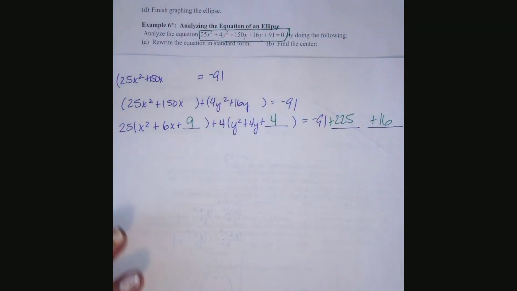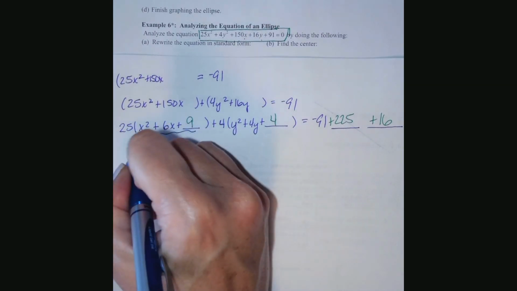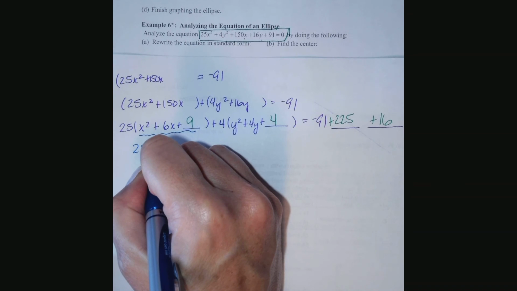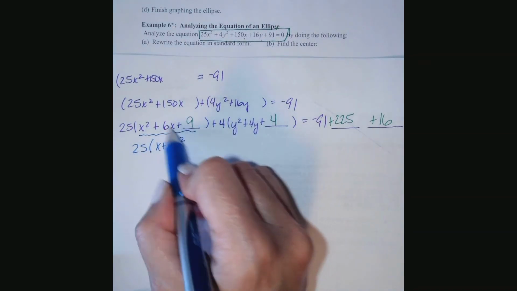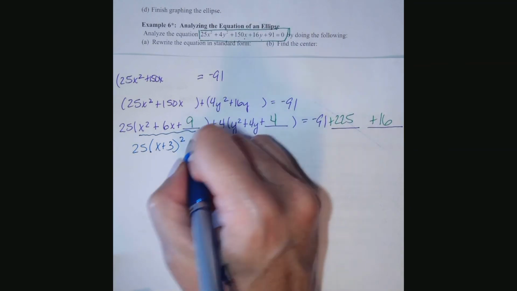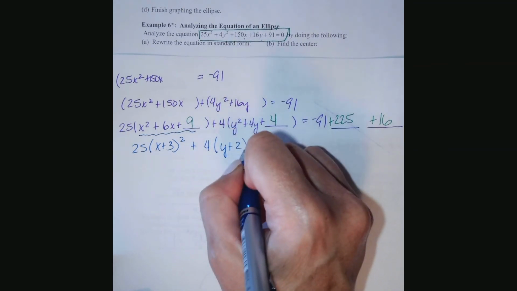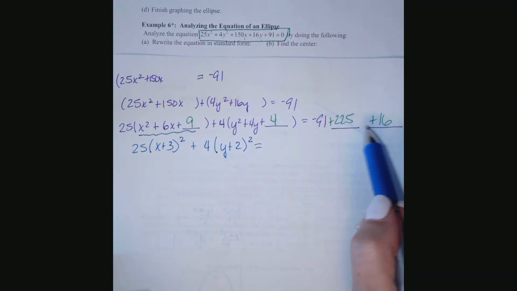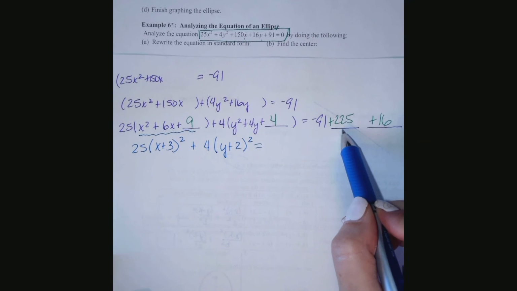Now I factor. I have 25 times x plus 3 quantity squared, because that's half of 6. And then I have 4 times y plus 2 quantity squared, and that is equal to, over here, negative 91 plus 241.